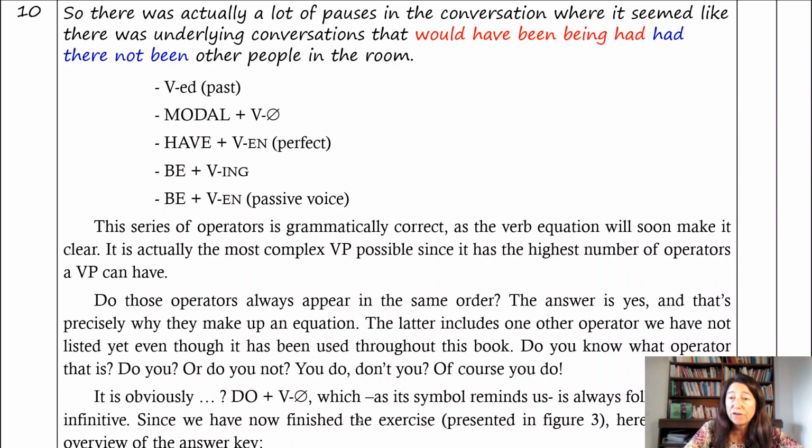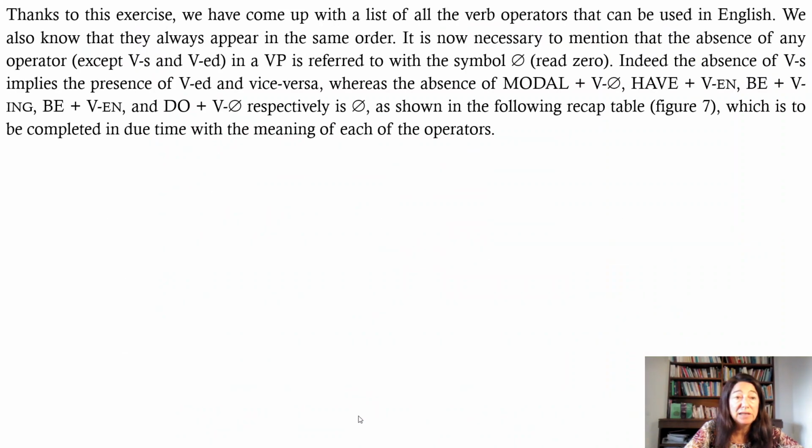In order for the list to be complete, so thanks to this exercise, we've come up with a list of verb operators that is exhaustive. We have a list of all the tools that we can use to give a form to a verb in English.